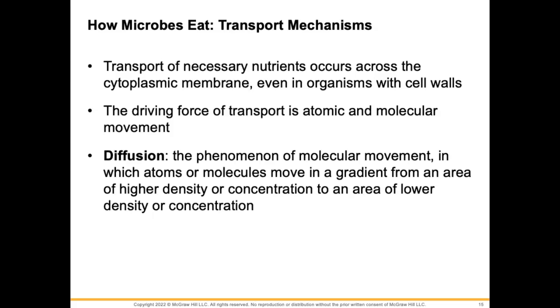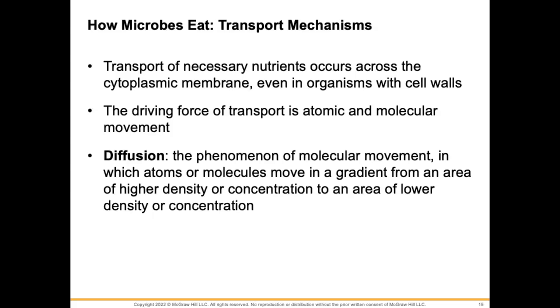So we know that diffusion is the phenomenon of molecular movement in which atoms or molecules, and I usually describe it as solids because it's a little bit easier to understand that way. However, you don't want to be too confused. One of the examples I give is if you spray perfume in the corner of a room, that smell will fill the room eventually.